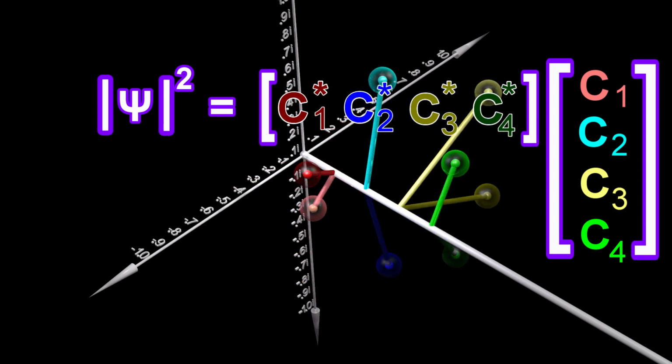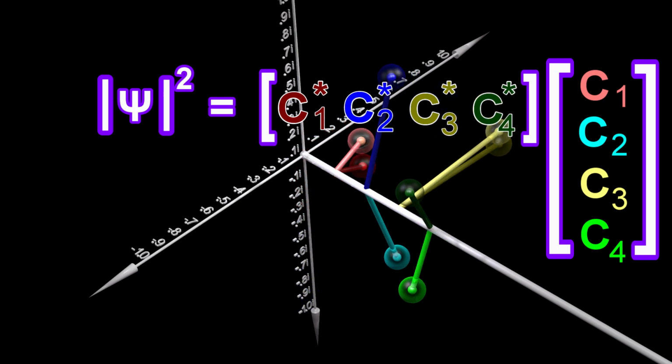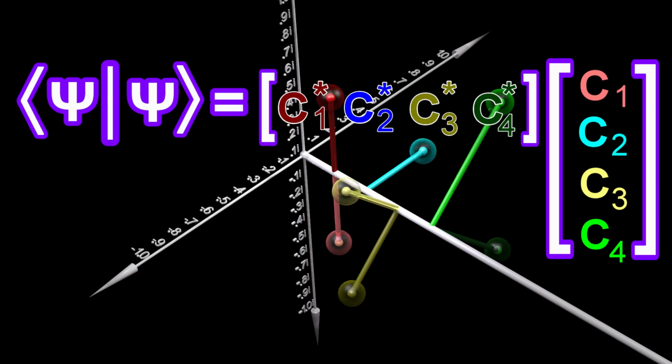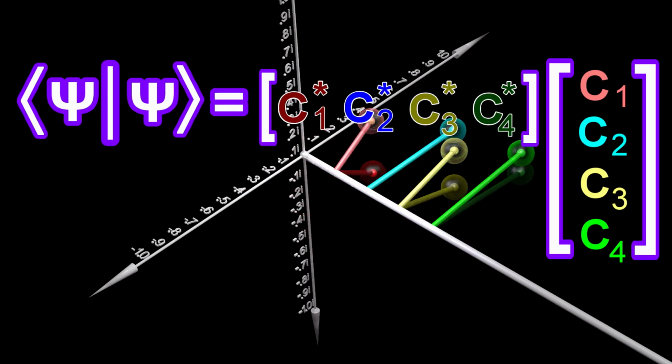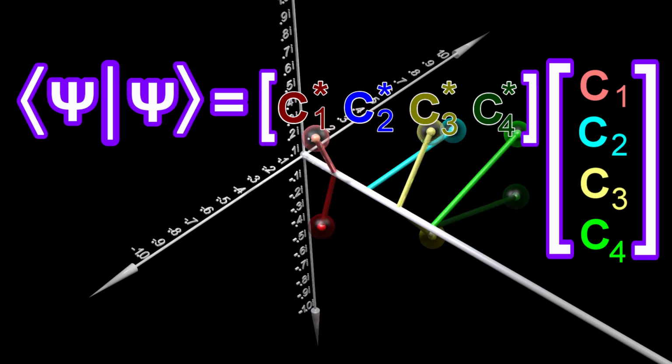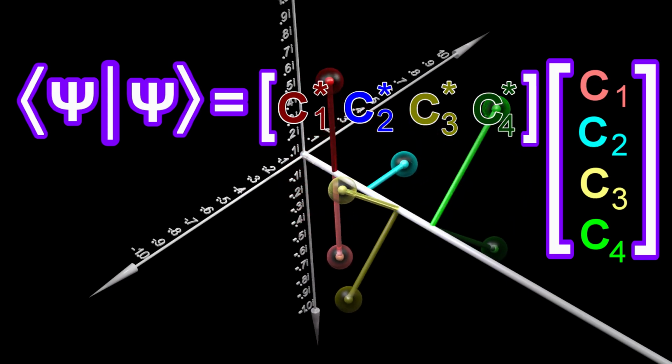In quantum mechanics, we use the following notation to represent these types of relationships. This is a vector in 4 dimensions, with complex components for each of its 4 coefficients.